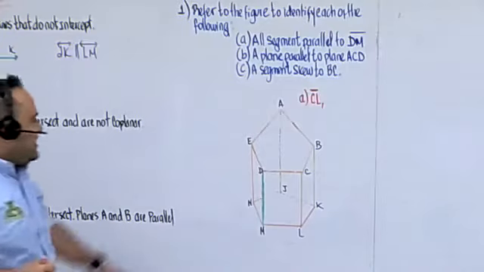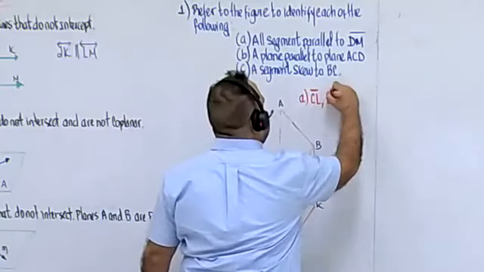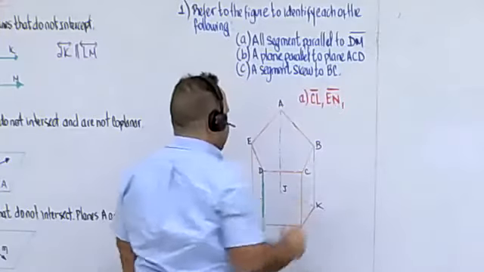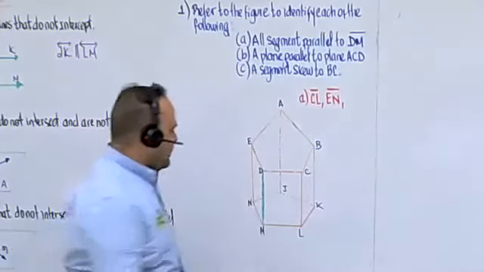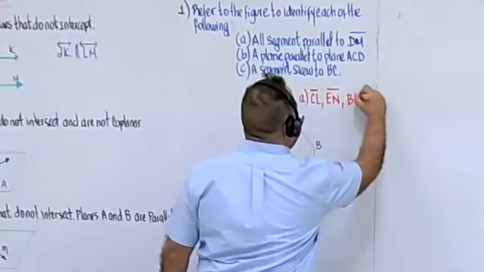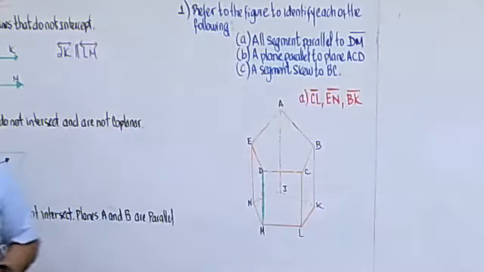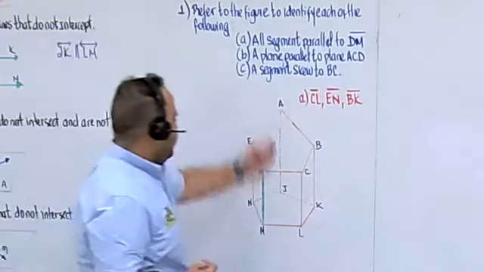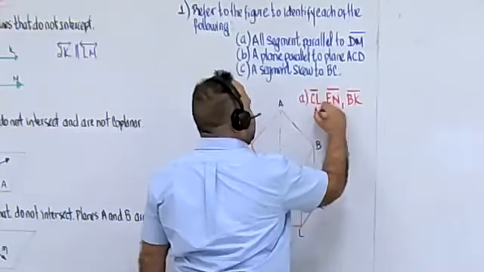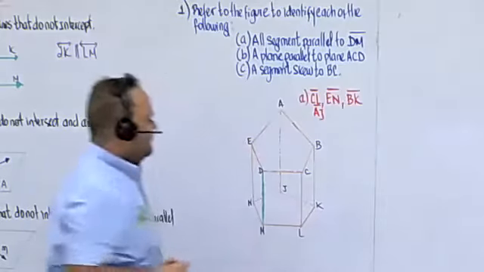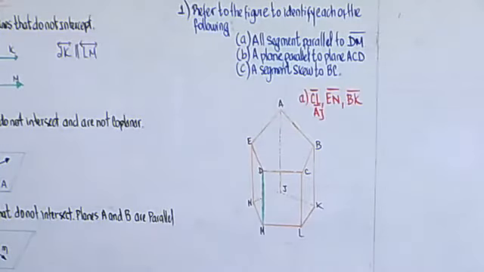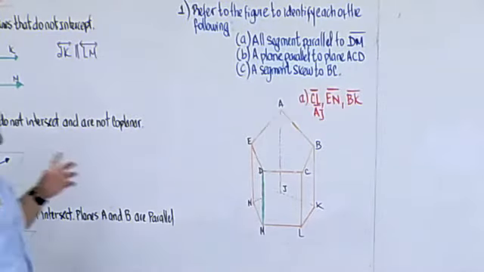EN, right, perfect. BK, correct. What else? AJ, right, excellent. That's it, right? CL, EN, BK, and AJ. Excellent. These are the parallel lines.